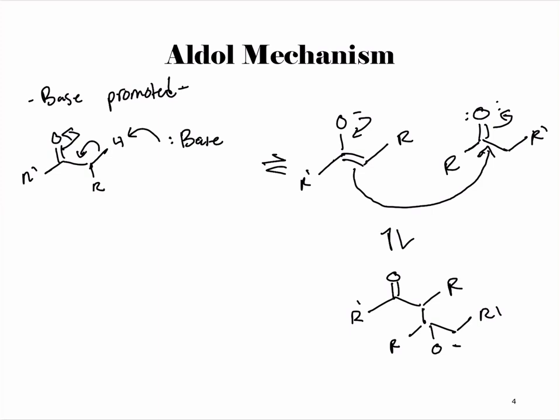And we kind of get this interesting looking tetrahedral intermediate. And then the protonated version of the base can then come and take this hydrogen off the base, and we will get our final product, which has formed a new carbon-carbon bond, which is why this reaction is important.